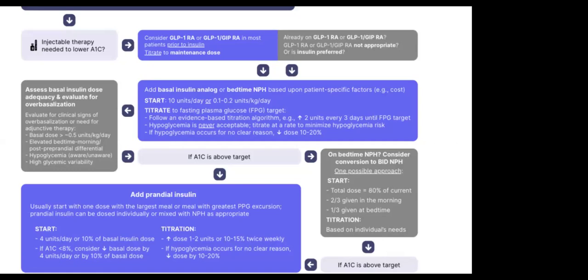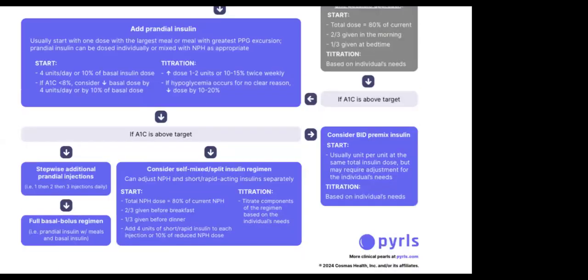And you want to titrate, you start with low doses, 10 units a day, or you can use between 0.1 to 0.2 units per kg per day of basal insulin. And it is usually recommended that we give it at bedtime. Okay, so you'll go through the rest of this as well.